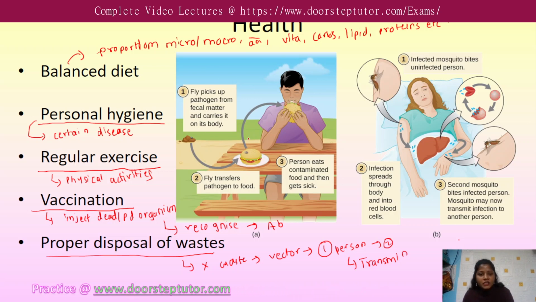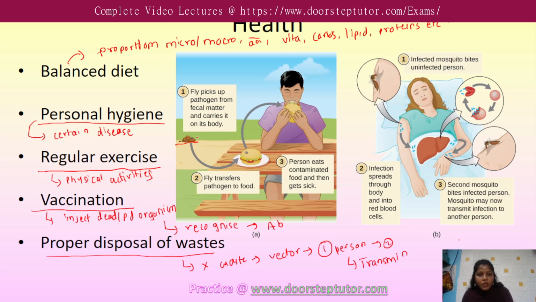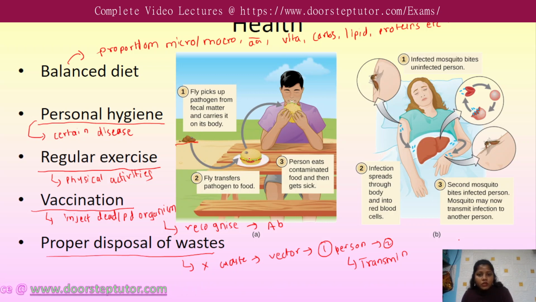As you can see in this picture, the stool is on the road and flies sit on this stool, which causes several pathogens or microorganisms to stick on their bodies. Now this vector fly flies over this burger, carrying several microorganisms which infect this burger, and this infected burger is eaten by this human being.